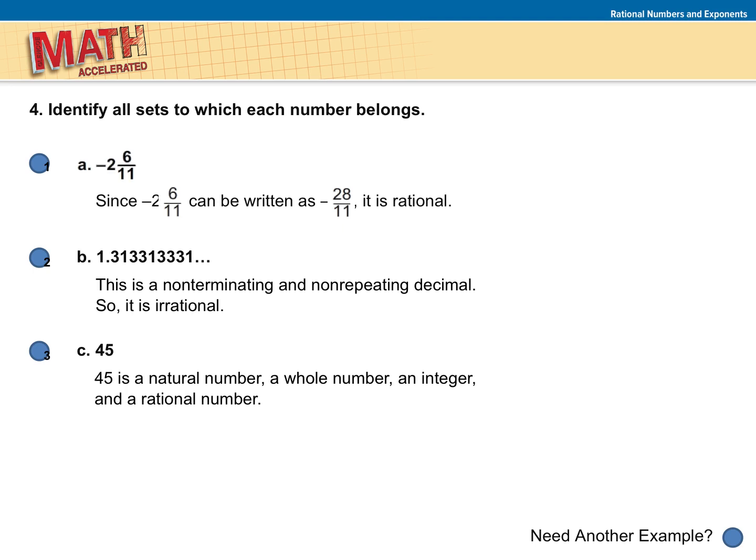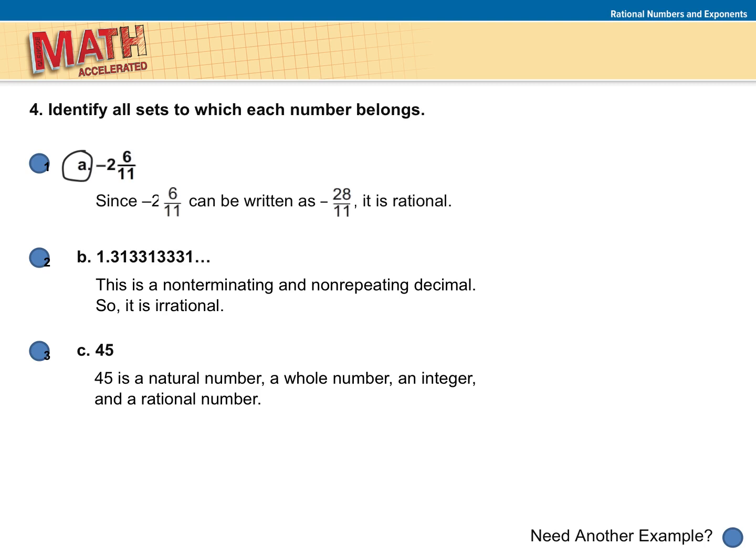Okay, so A, is that rational or irrational? Why is it rational? Because it's a fraction. Can it be anything else? Is it an integer? No, because it's not a whole number. What about B, rational or irrational? Why irrational?